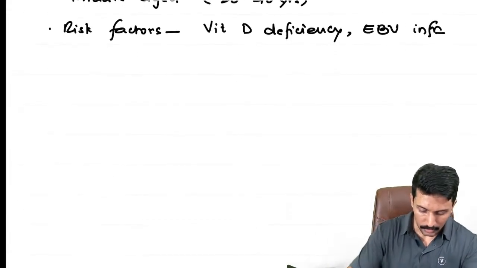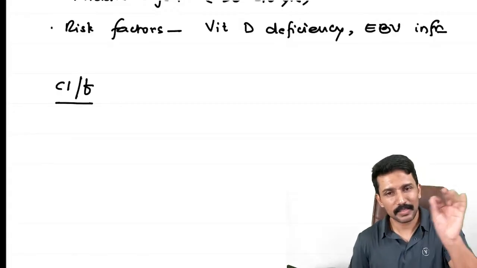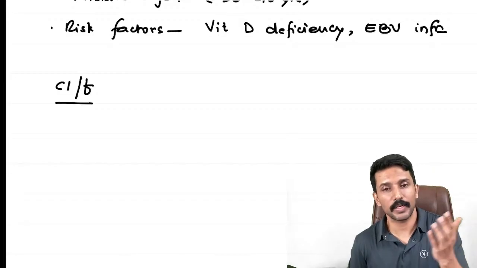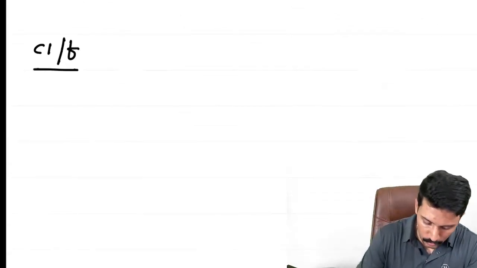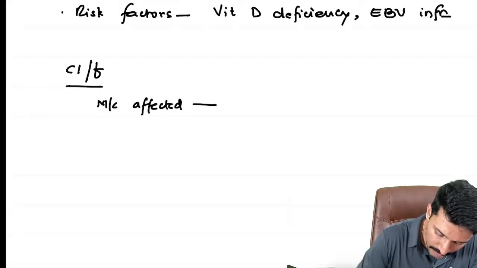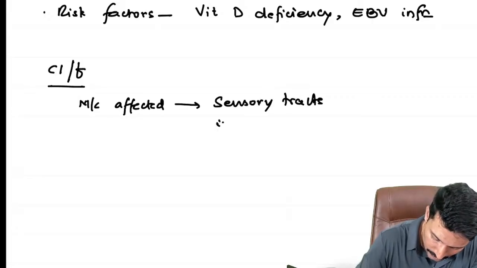Okay. Now, in terms of clinical features, I can't say one standard feature. Why? Because different structures get demyelinated at different times. So whichever structure gets demyelinated, you will have that symptom. So what is the most commonly affected site by demyelination? The most commonly affected site by demyelination is the sensory tracts in spinal cord.